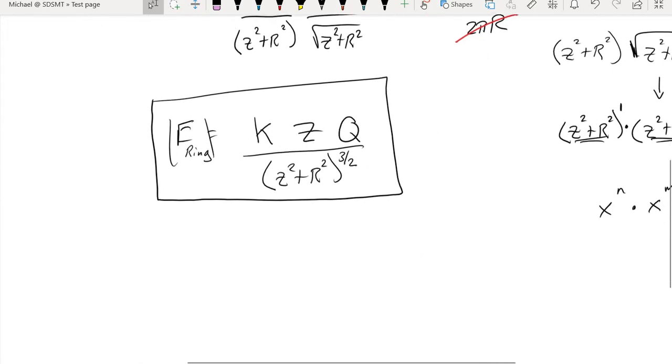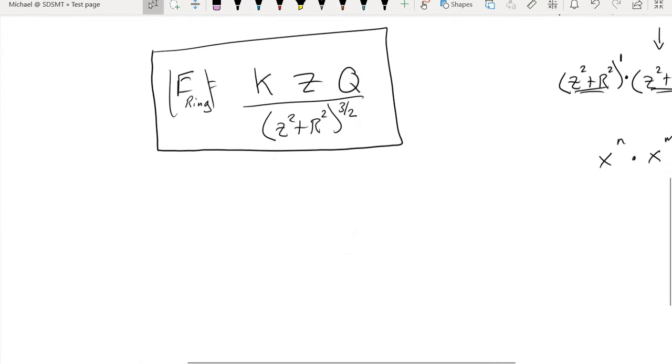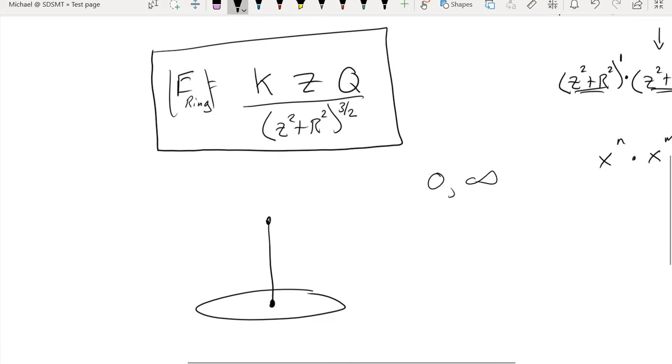But now what we want to do is take that more user-friendly expression and consider what happens when we start trying to measure the electric field of this ring at certain extreme points. And when I say extreme points, I mean we're gonna try to stick in values of 0 or infinity. And so let's see.